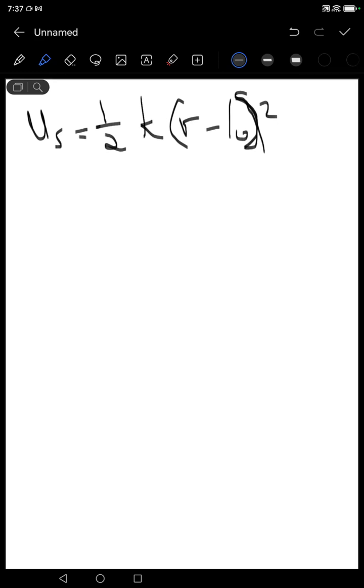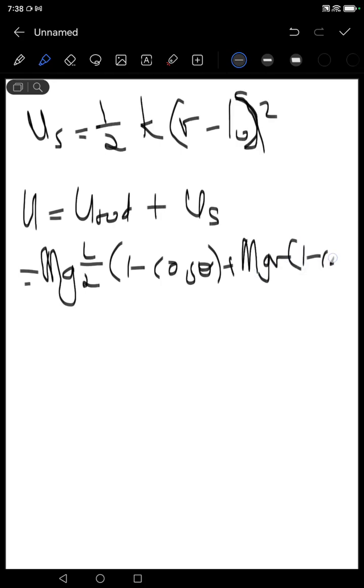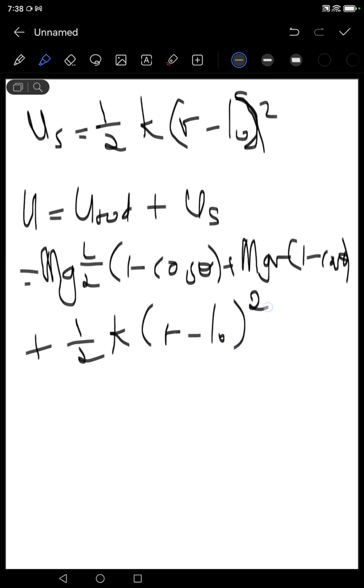Okay, and then therefore the total potential energy is going to be the U of the rod plus the spring one. So we have mgL over 2 into 1 minus cos of theta, plus mgr into 1 minus cos of theta, plus the spring, 1 over 2 k into (r minus L0) all squared.